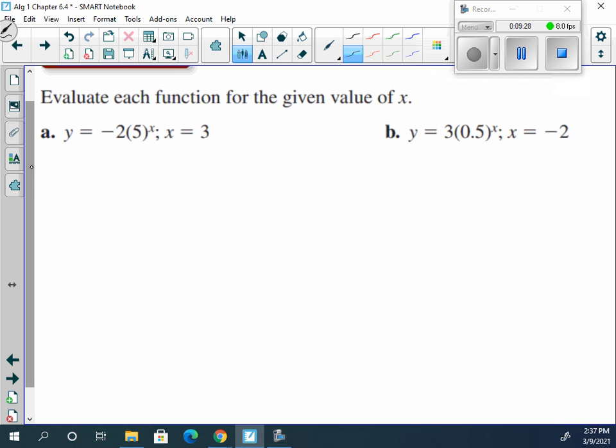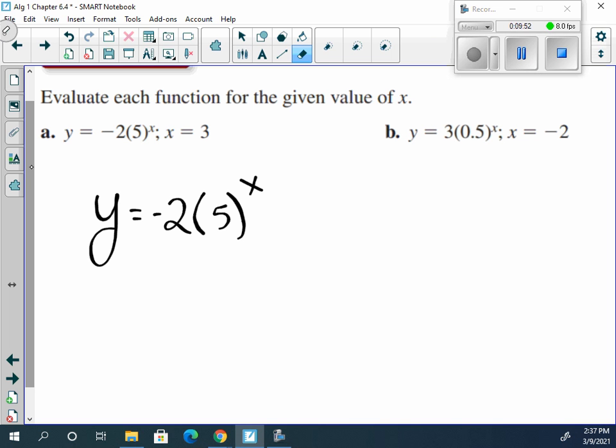Evaluate each function for the given value of x. So we're given this function here. Y is equal to this, and we want to know what is the value of y when x is 3. So what would we do? We would replace x with 3. Plug it in.